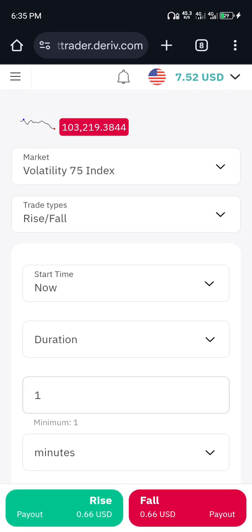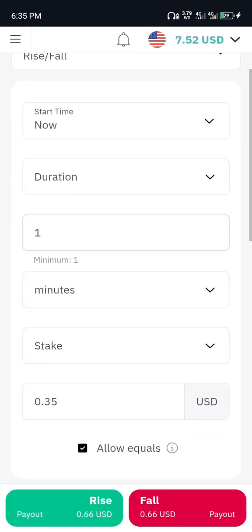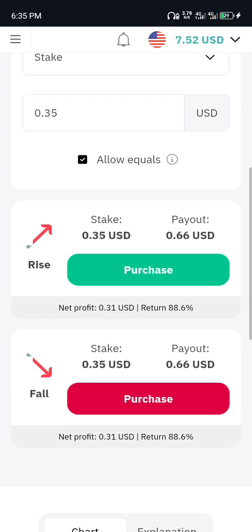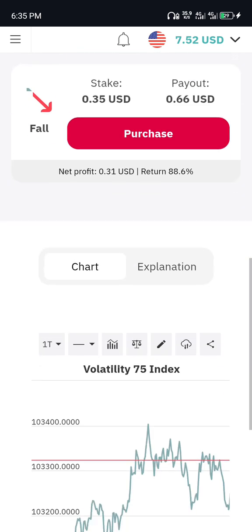So we made $2.52 on top of a $5 capital.